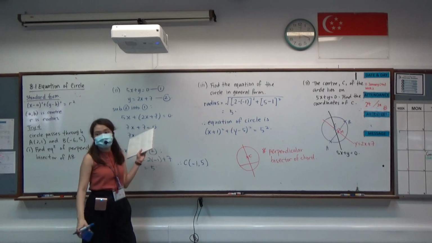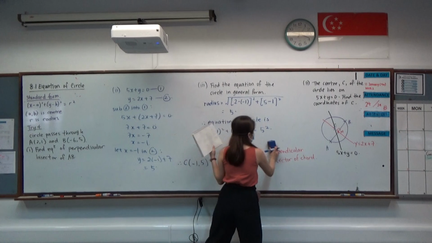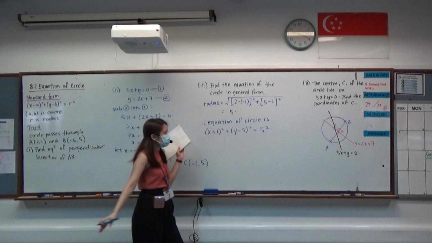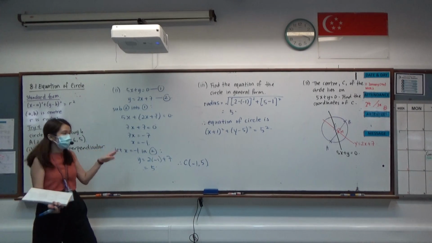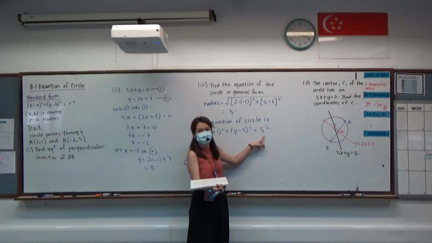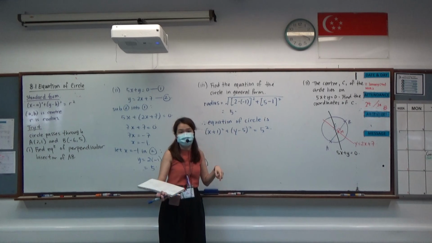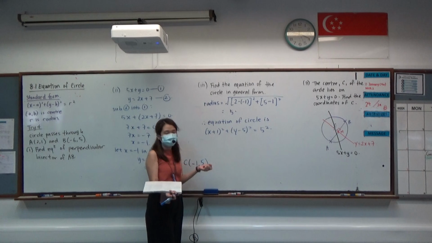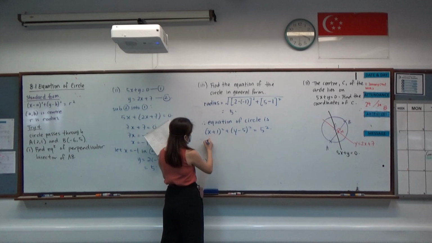So the equation of the circle will be as such in standard form, but we need it in the general form. Usually, if they ask for the equation of a circle, it is fine if you leave it in standard form, just that you need to simplify the 5 squared into 25. Only in this question they ask specifically for a general form. If they are very specific about it, asking for a general form or a particular form, then you got to leave it according to what the question wants. So in this case, we expand it.